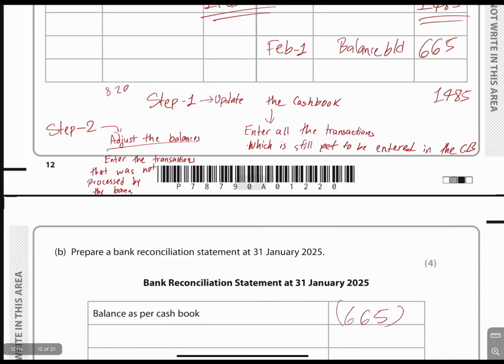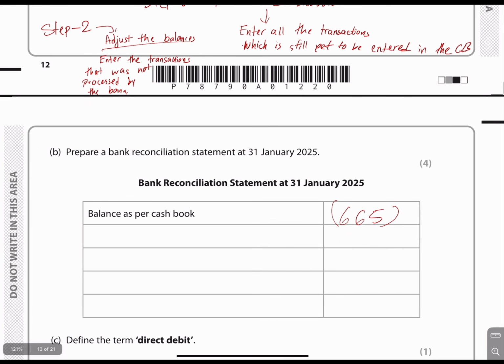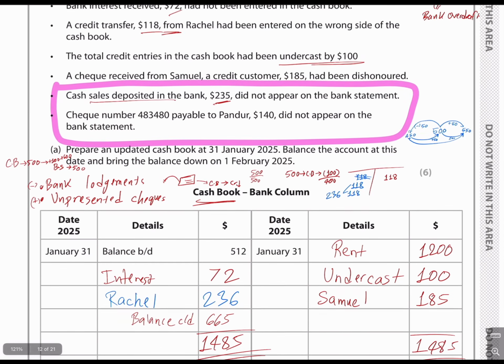We have to deduct 235. So you can write bank lodgement, or you can also write outstanding lodgement, $235.